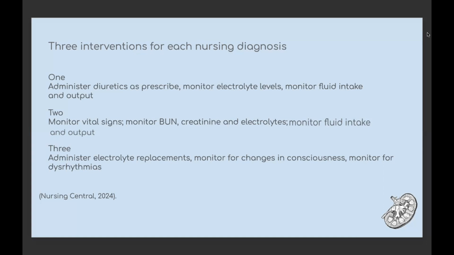At the beginning of this condition, it can cause an increase in blood pressure, and that's why we have to monitor blood pressure to make sure that we can administer antihypertensive medication as prescribed. We have to monitor the BUN, creatinine, and electrolytes to monitor how the kidney function is trending. And then we also have to monitor the fluid intake and output.